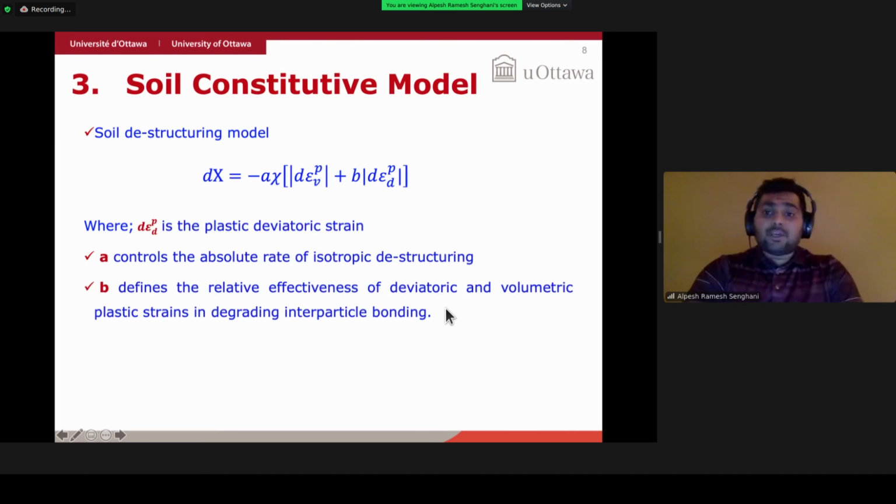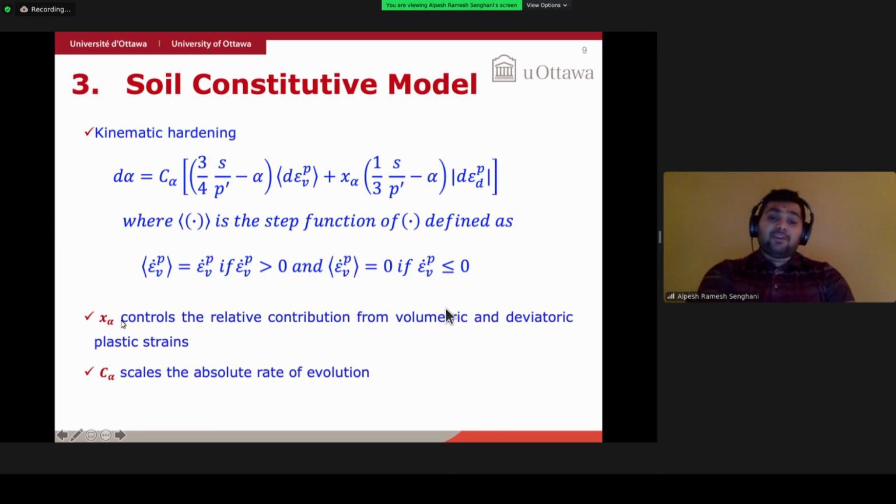So now I'm going to introduce to you the last constitutive model, which is for just the kinematic hardening, and this is the step. This is to explain how you can play with the step function. Here, we have the volumetric plastic strain. If the volumetric plastic strain is greater than 0, then we'll have the mean. If you see the angular brackets, that's for the mean value of the volumetric plastic strain.